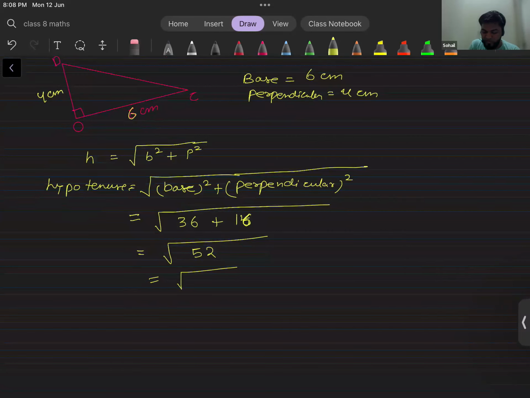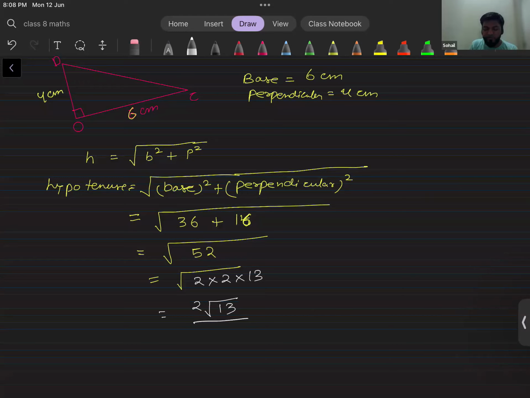In fact, you can write it like this also. You see, 52, we can break it like this: 2 multiplied by 2 multiplied by 13. So it can also be written as 2 root under 13. You will get to know about this in higher classes.